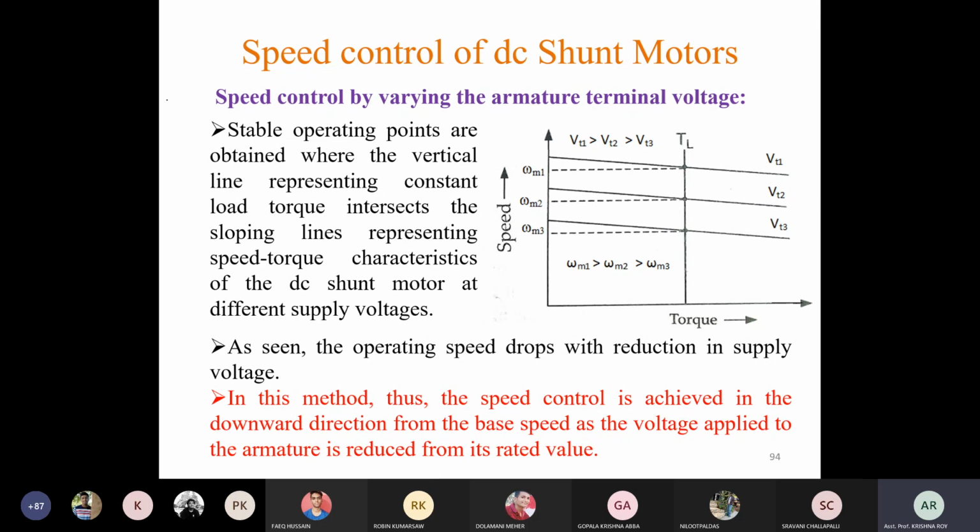Now my question is, can we increase the speed above base speed by applying voltages more than rated voltage? No, sir.